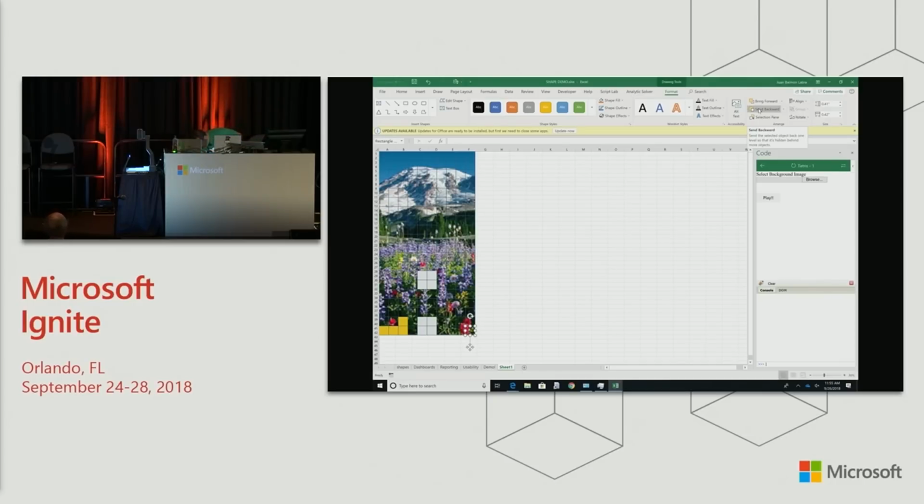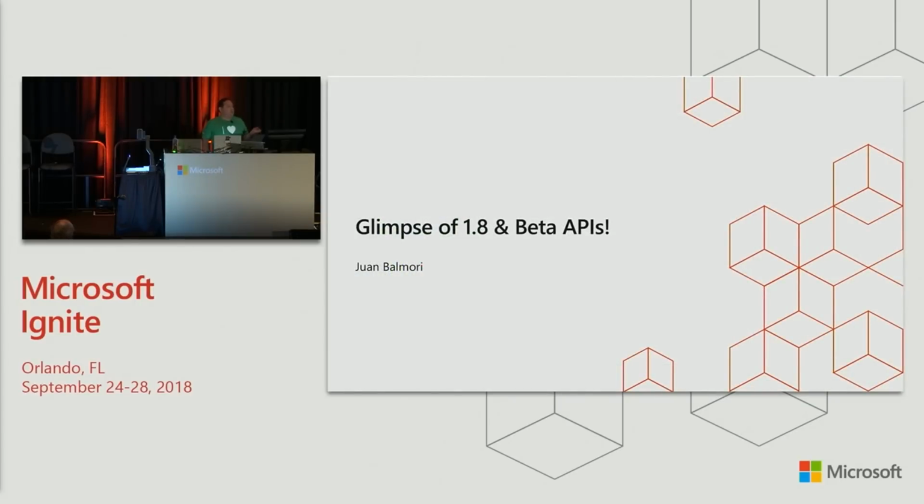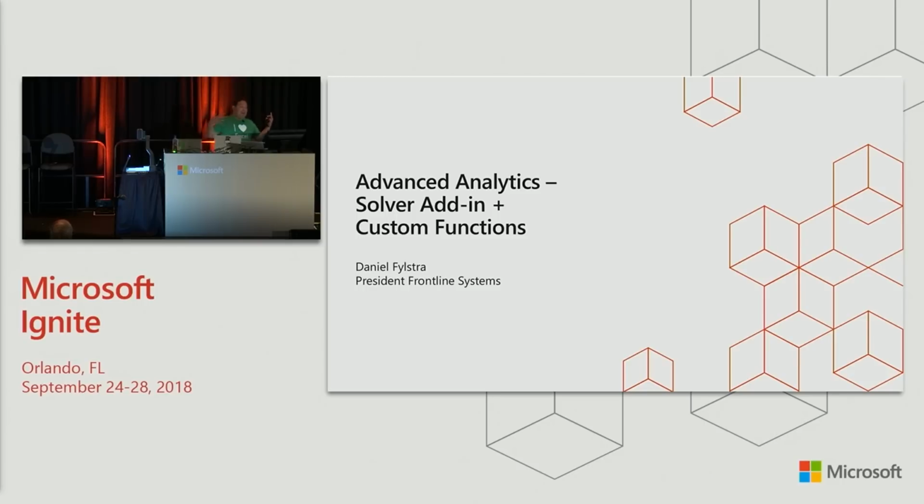Number 5. So this is really just a glimpse of what you can do with the new 1.8 APIs and APIs in beta. And now we're going to see how you can actually combine both custom functions and add-ins to create real business solutions. And I will invite Daniel Fylstra to the stage to show us his Solver add-in. Thank you very much.